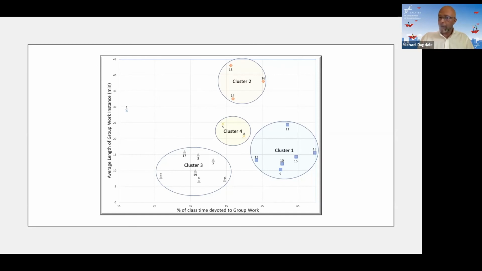And in fact, some of the teachers make use of that deliberately. They design a group activity, not with the intention necessarily of finishing it, but giving it an amount of time and stopping once enough had been accomplished, not necessarily the whole task. Cluster 2, you notice, is sort of the comparison there.